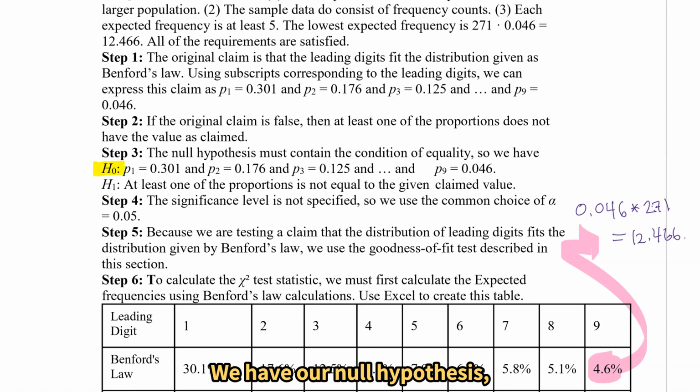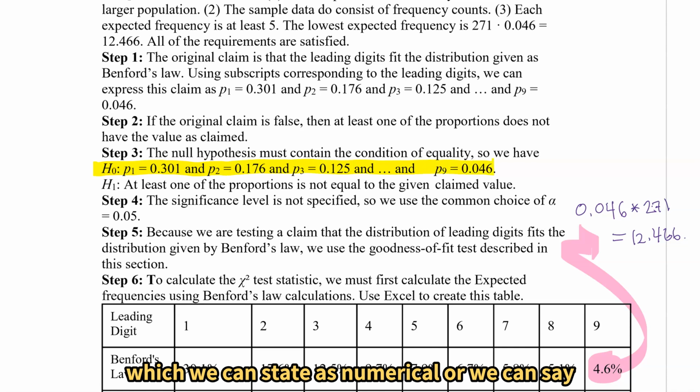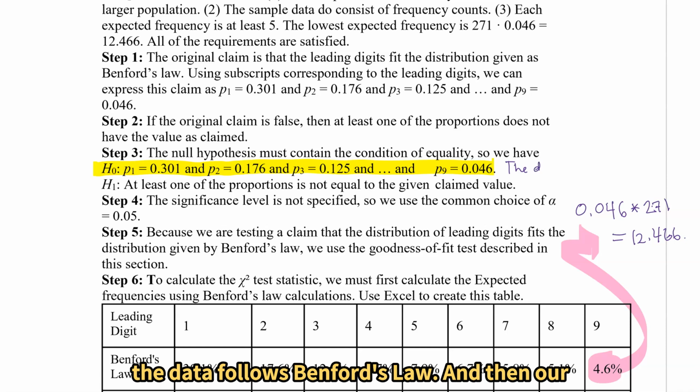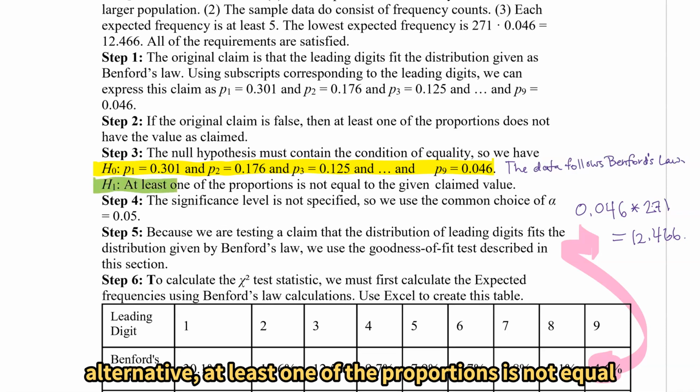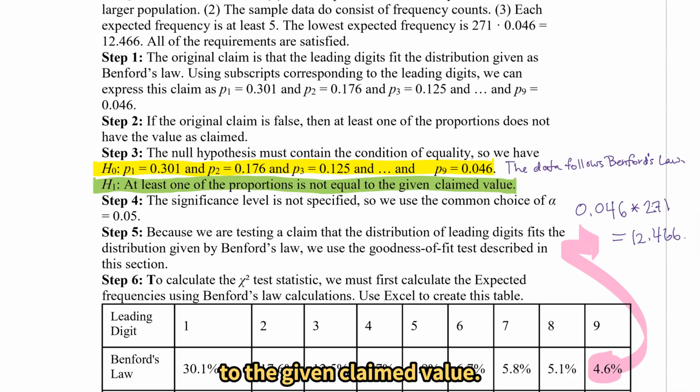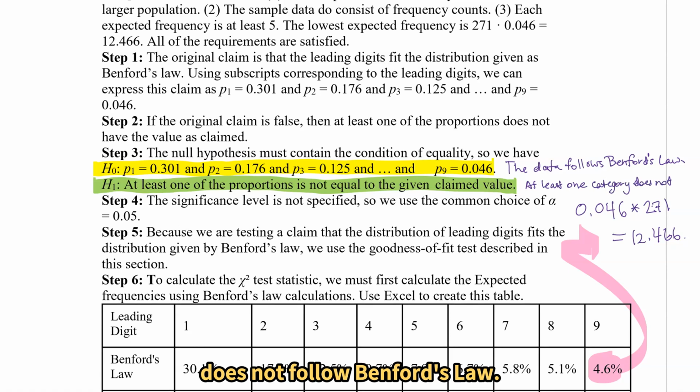We have our null hypothesis, which we can state numerically, or we can say the data follows Benford's law. And then our alternative: at least one of the proportions is not equal to the given claimed value. Or we could say at least one category does not follow Benford's law.